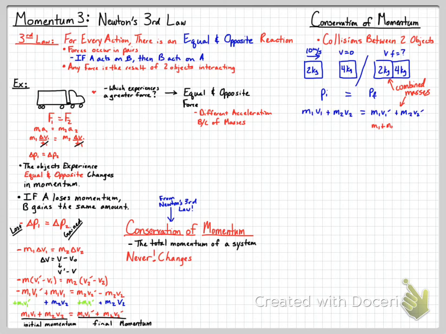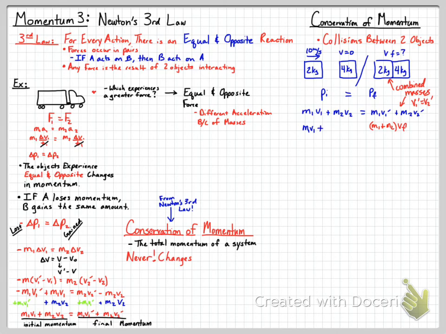So I'm going to show that here where it's (m1 plus m2) in parentheses, and they're going to have one final velocity, where in this case v1 prime is going to equal v2 prime. They're going to be the exact same velocity because both objects are traveling together. This is how we set up the after side for a completely inelastic collision. If it was just a regular inelastic collision, we would leave the equation as is.